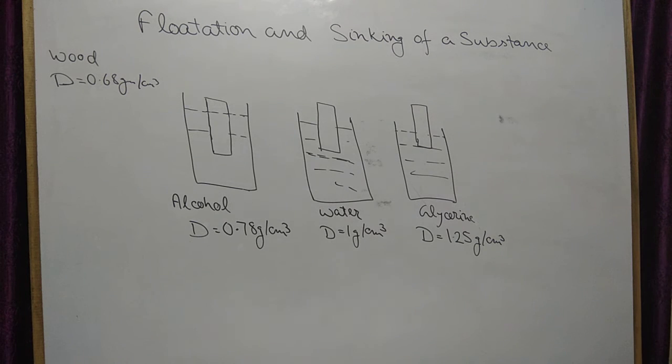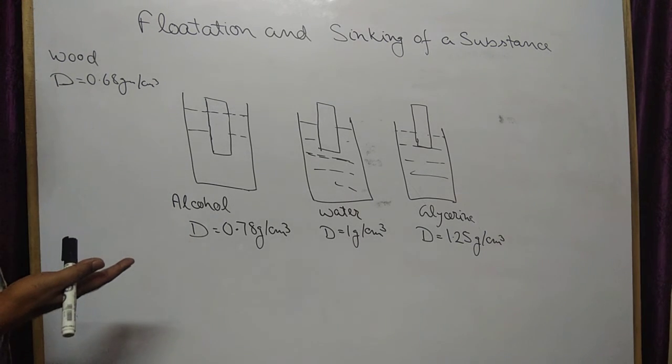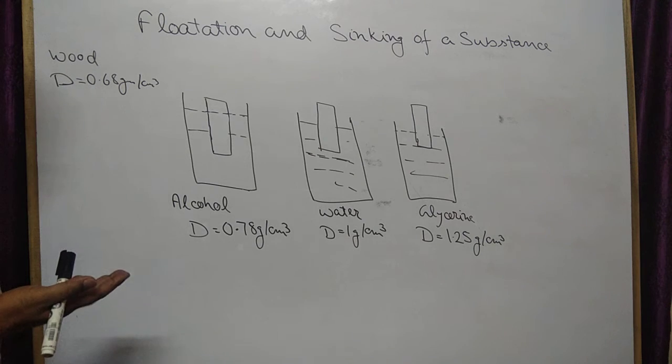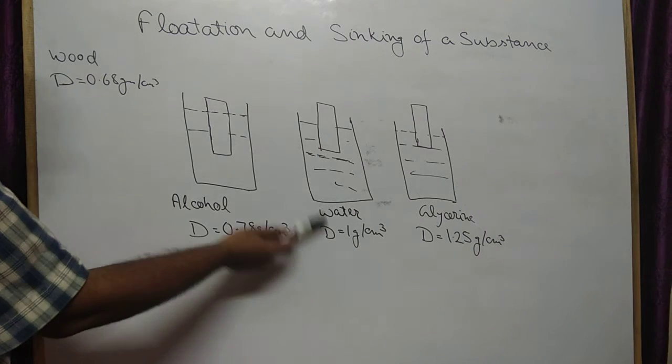very less, because compared to the mass of the ship, the volume is more, so density is less than 1 gram per centimeter cube, so the ship will float.